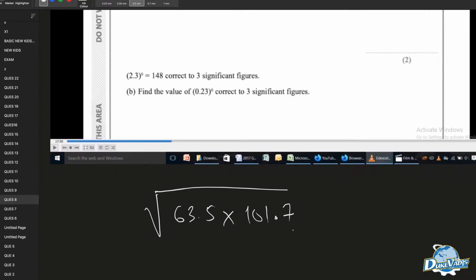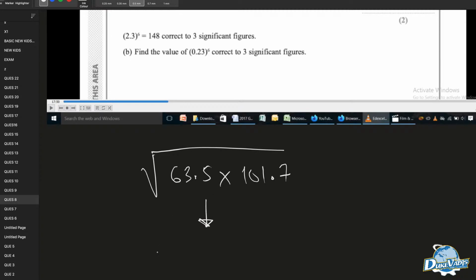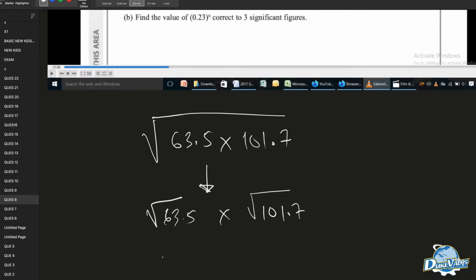To approximate this, we can say that 63.5 can be approximated to be 64, since we've been asked to find the estimate, and 101.7 will be 100, in estimated form.